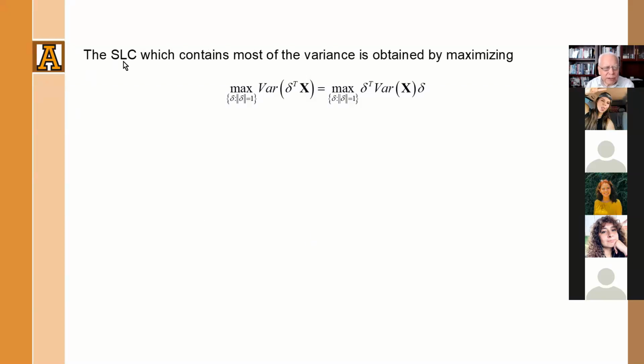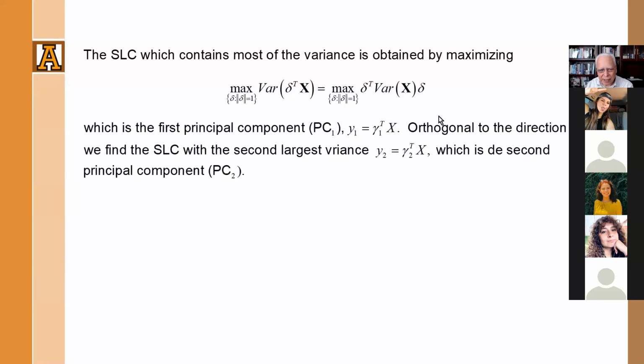Now, the standardized linear combination, SLC, remember, is the standardized linear combination. The standardized linear combination which contains most of the variance is obtained by maximizing this expression. And this will be the principal component number one corresponding to the original data, the X data.